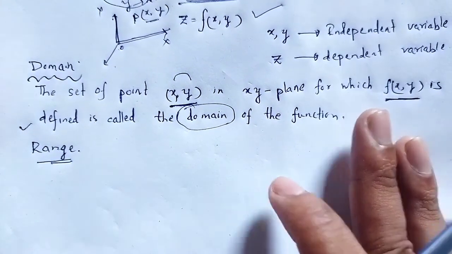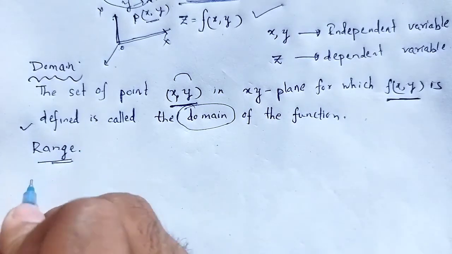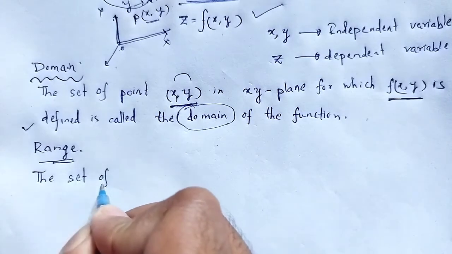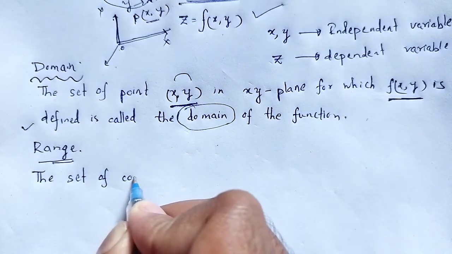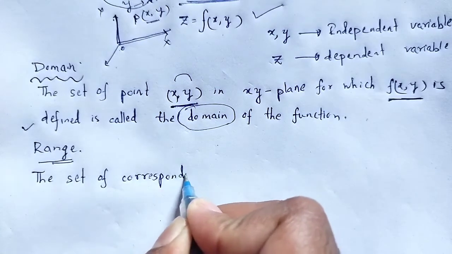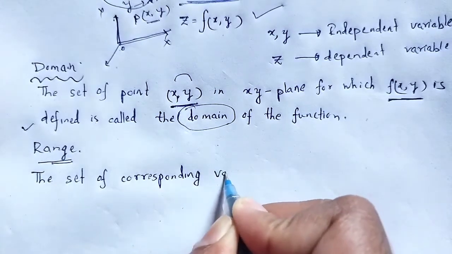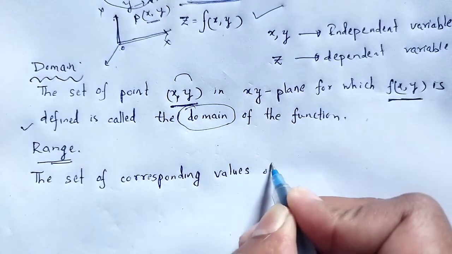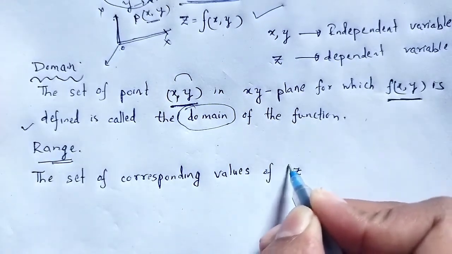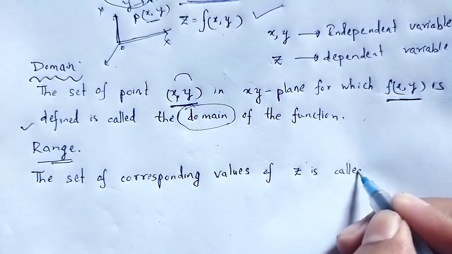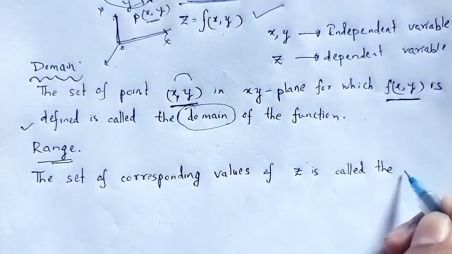We can write: the set of corresponding values of z is called the range of the function.